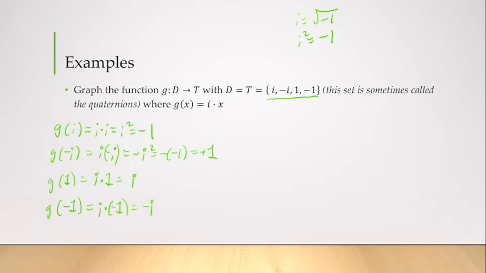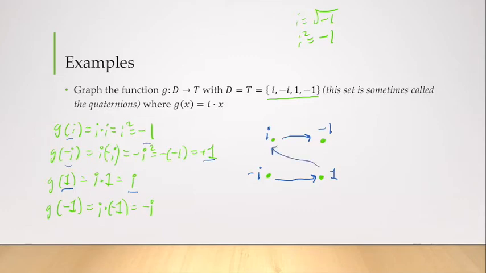So I'm going to represent each of my vertices with a dot. I goes to -1, so I'll have i and it goes to -1. Then -i goes to +1. Then 1 goes to i.